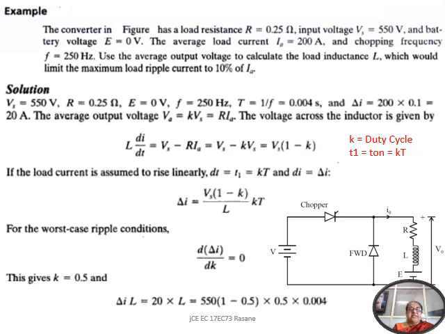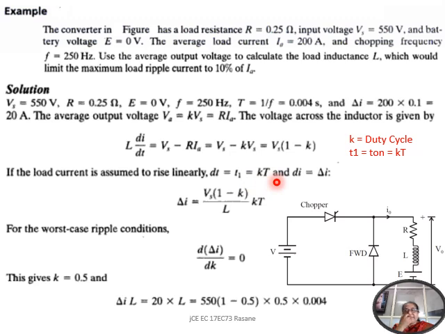If the load current is assumed to rise linearly, which we have shown earlier also, then dt is equal to T1. T1 is nothing but T on in our case. So T on is equal to the duty cycle into the total time, KT.